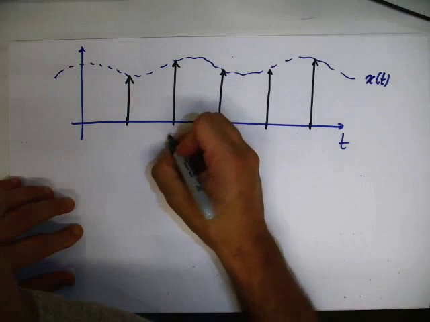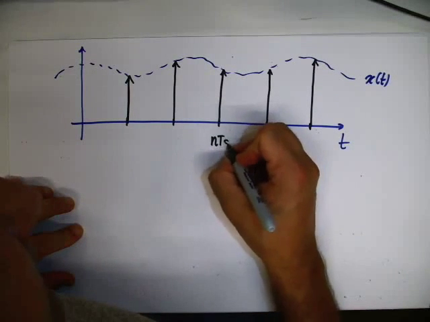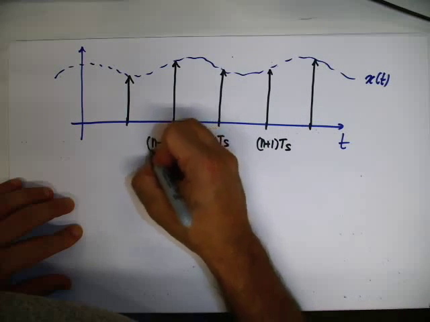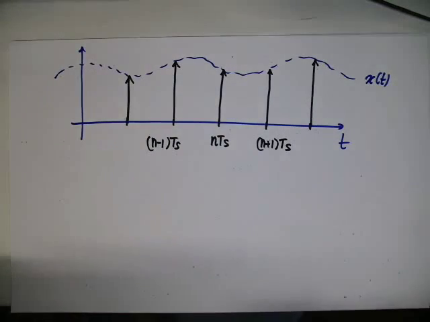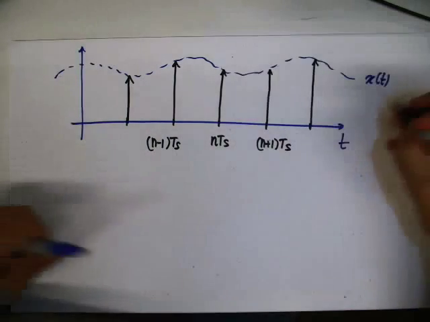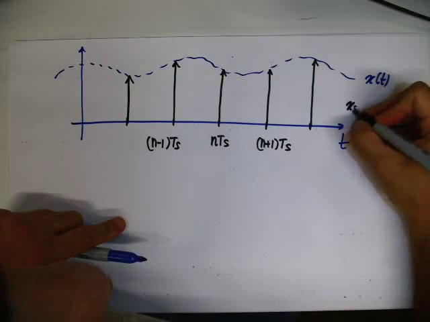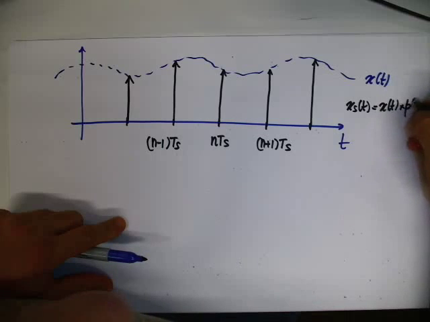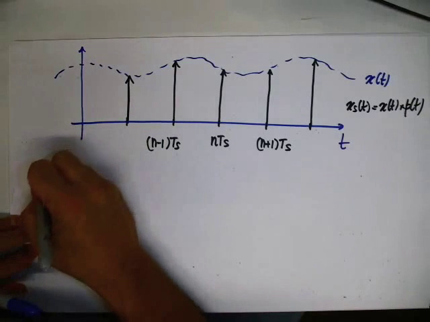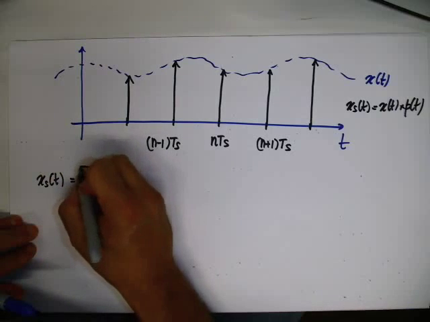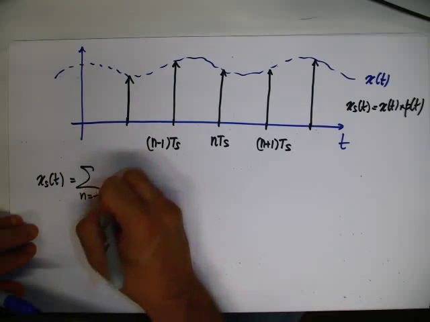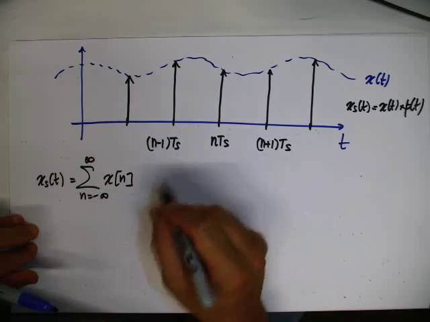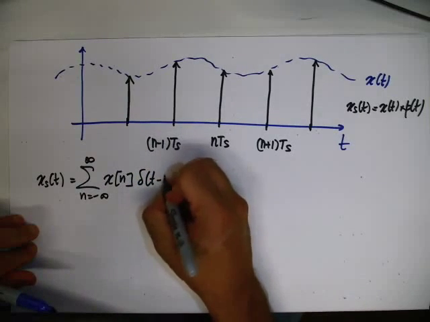So this is nTs, (n plus 1)Ts, (n minus 1)Ts. And we have x_s(t) equal to x(t) times the Dirac train. So we have that this is equal to the infinite sum of the discrete signal sampled at nTs times the bunch of deltas.